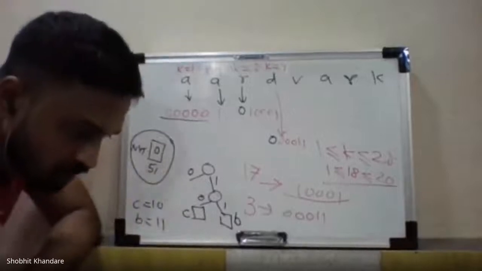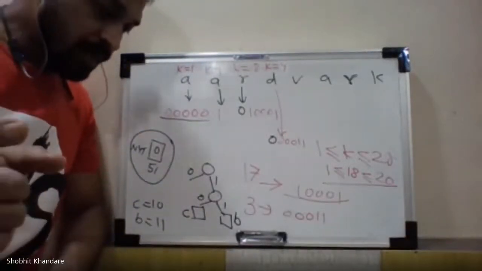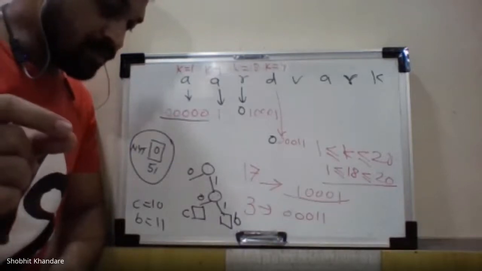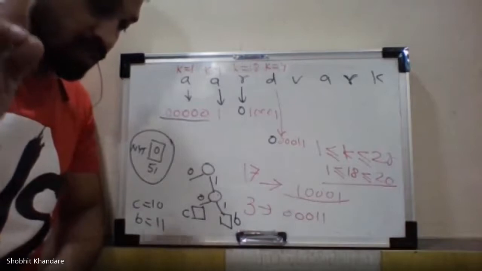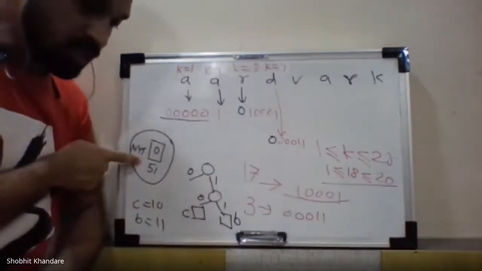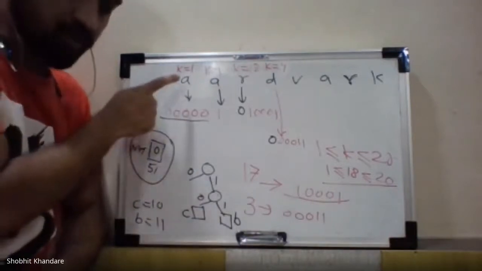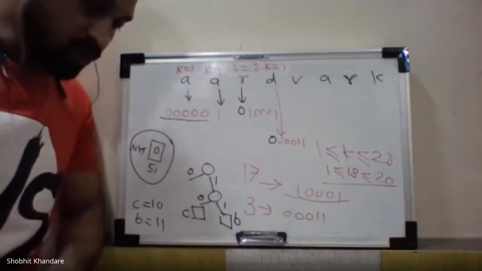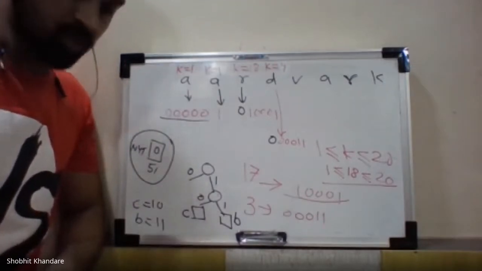If you want to know how I got this, the step says that if the symbol has come for the first time, then send the NYT code. So the NYT code does not exist, followed by the fixed code. So the fixed code for A. I have given you how to get the fixed code for A. You know that E is 4 and R is equal to 10.